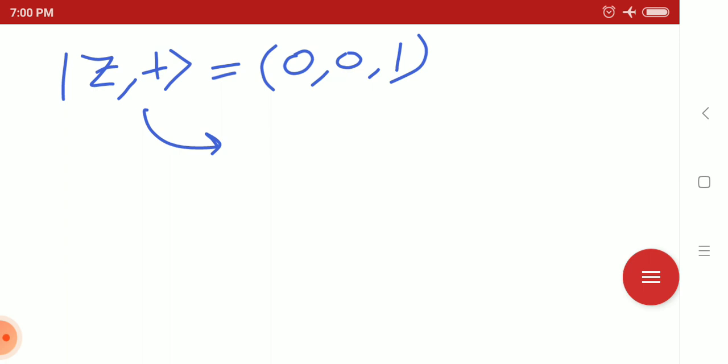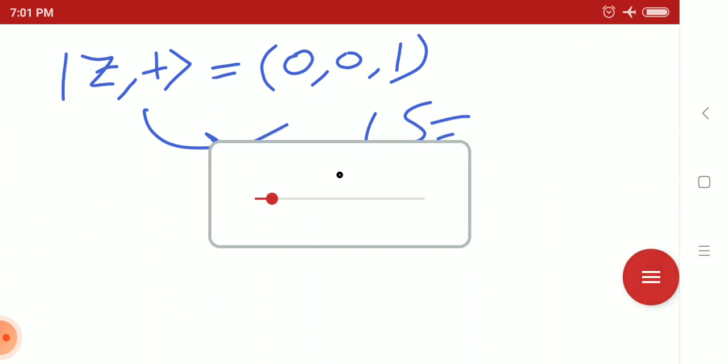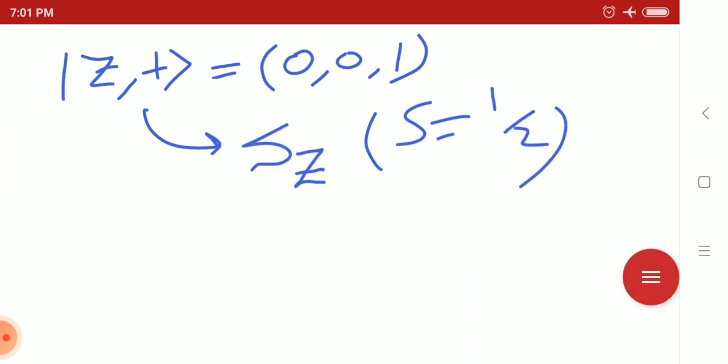Actually, it is the ket vector of the Sz matrix, the Sz spin half matrix. So spin Sz has eigenvectors. What is the eigenvector of z plus?